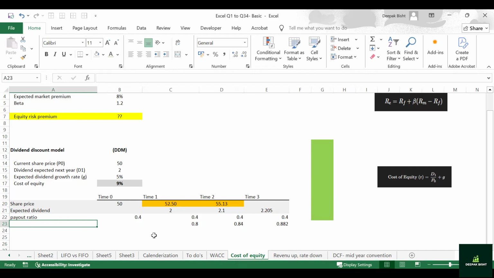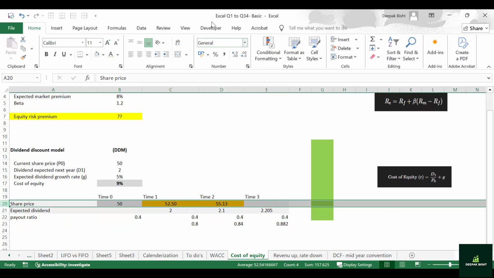So they are retaining 60% and they are only paying 40% to support their capital. They are using the retention ratio to support their capital. So this will dramatically change my valuation of the share price also. So, dividend discount model. Let's get back to the question.